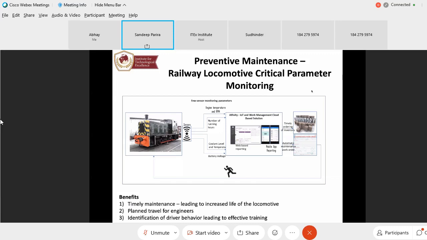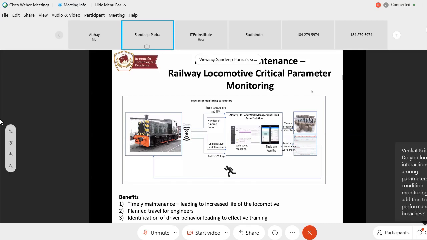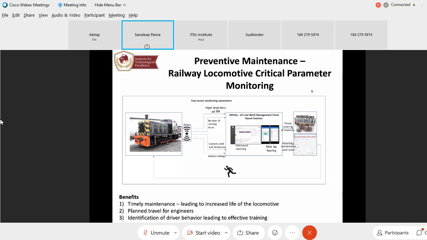Generally, in the case of preventive maintenance, if you read the guidelines from the OEM manufacturers or locomotive manufacturers, it has been strictly told that after running for X number of hours, you have to create a particular maintenance schedule.